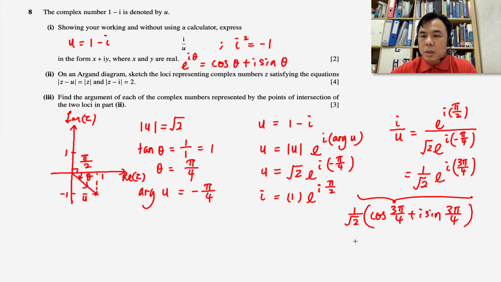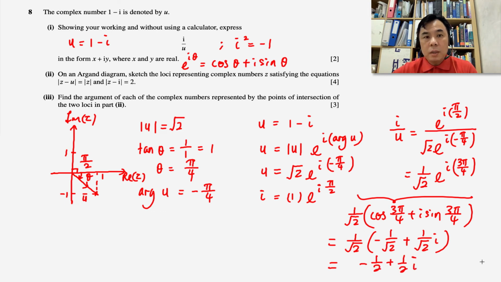And then with the help of a calculator, you will notice that this is actually negative half plus this one here is a positive square root of 2 i here. And then with a little bit of simplification, we will get negative half plus a half i there.